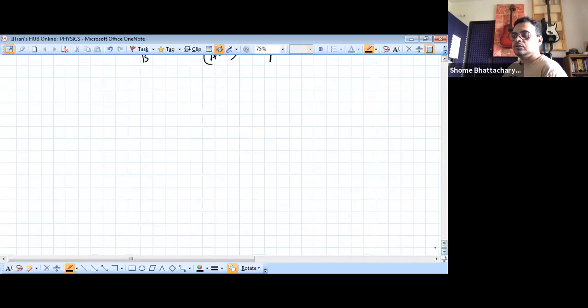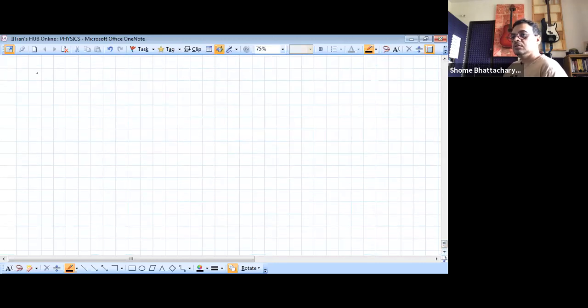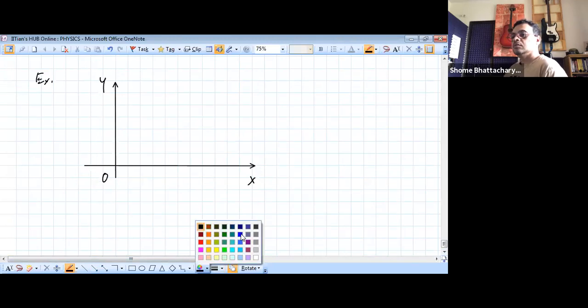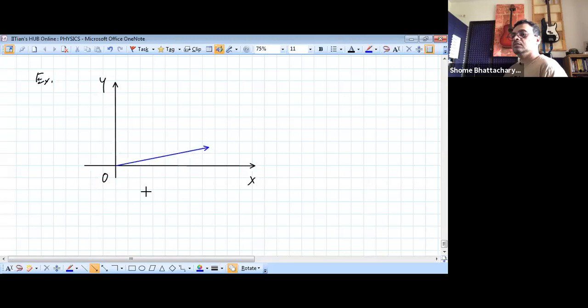Okay. So now, for example, if we have a question where in the xy plane, I have drawn vector A like this. It's of magnitude 20 and at 30 degrees.